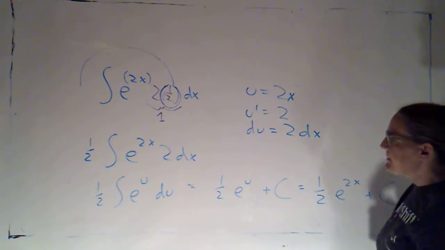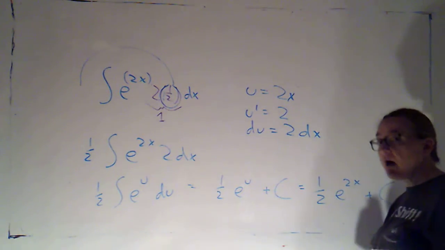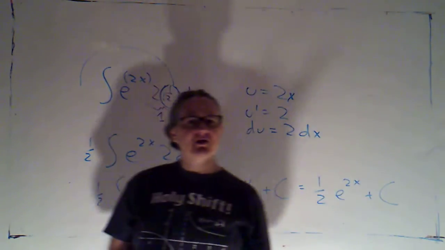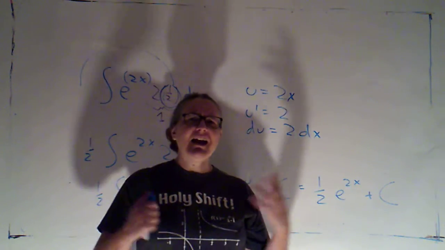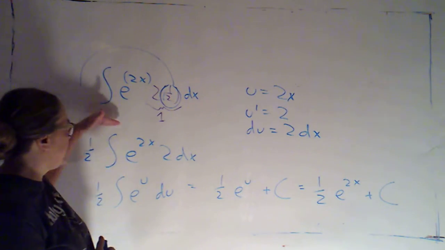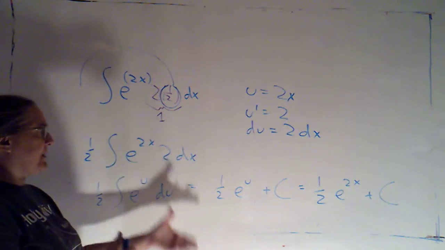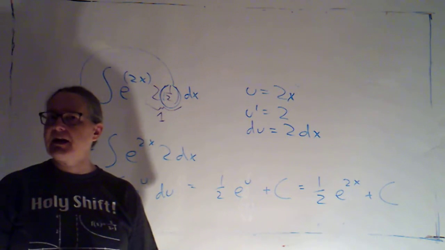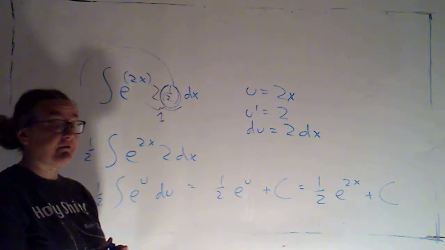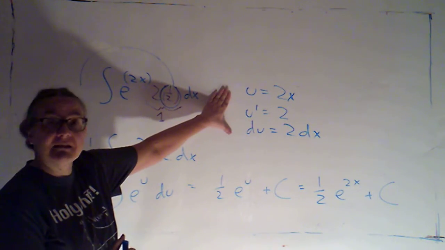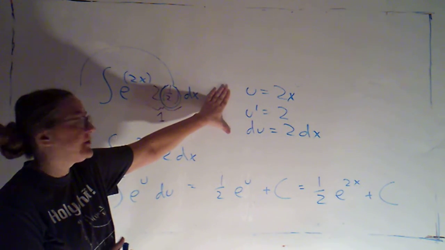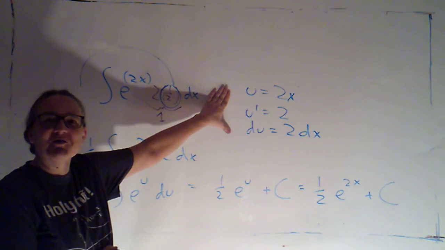This one is a simple enough one that you may discover at some point, possibly this semester, possibly not till next semester, you're comfortable just doing that u substitution in your head and saying, oh, I'm missing a 2, so I'm going to get a 1/2, but then I'm just going to get my exponential function. And if you get there, that's totally fine. I would recommend, at least for now, that you write out the full u substitution just while you're getting used to this new rule.